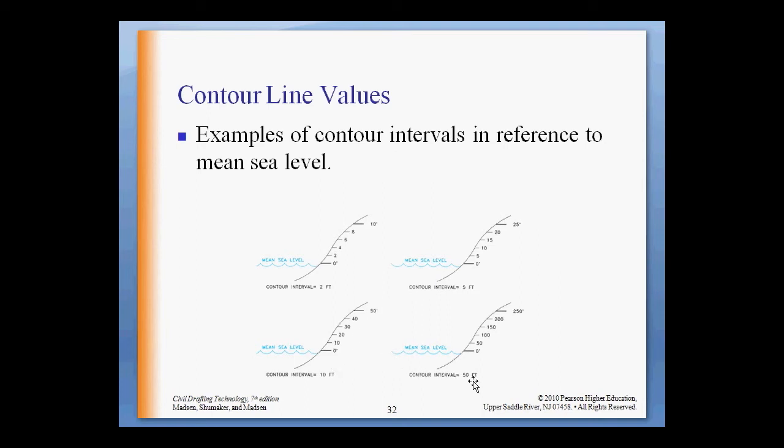Okay, eventually getting to 50 feet, and here they're 50 feet, eventually getting to 250. So on this map, it'd be a small scale map in which you'd see a lot of contours, and they would be like every 50 feet. So that would be an extremely high mountain range that you would be looking at.